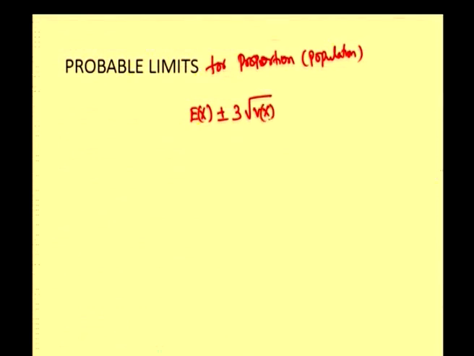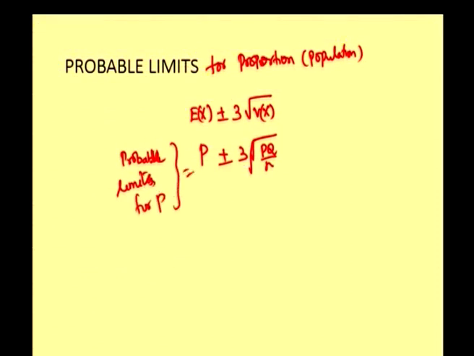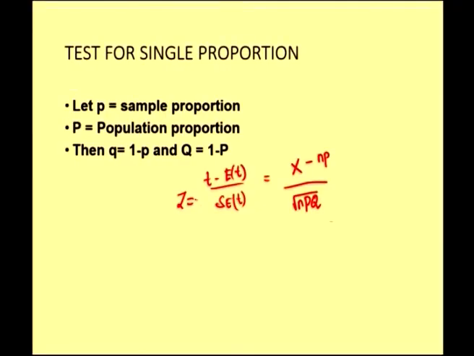Simplifying this, it becomes capital P plus or minus 3 into root of PQ by N. These are the probable limits for capital P. And the usual interval estimation for the population proportion, that is 95% confidence limits, 99% confidence limits, will be derived using the formula Z is equal to small p minus capital P divided by root of PQ by N.